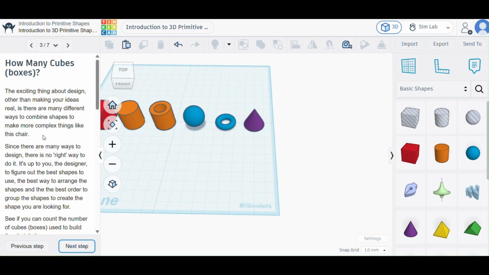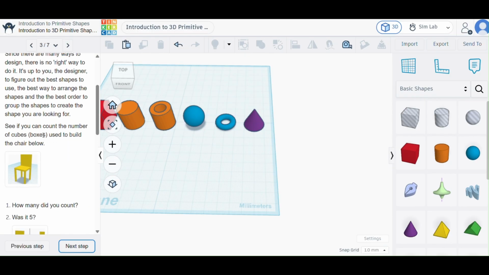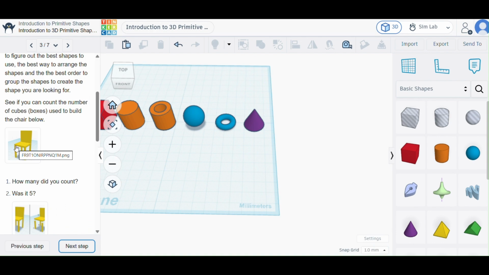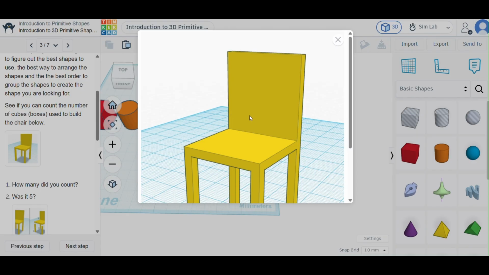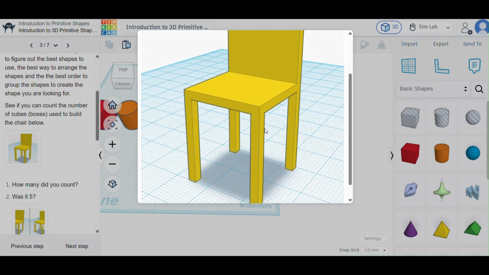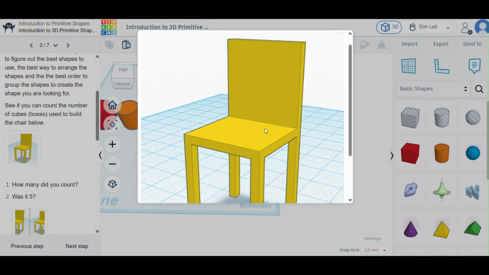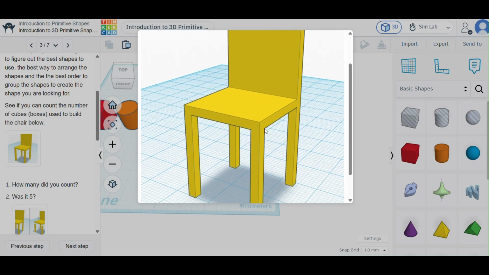Okay, next. The exciting thing about design, other than making your own ideas real, is that there are many different ways to combine shapes to make more complex things like this chair, which is right here, okay? How many boxes are in this chair? I want you to guess. Look at this. How many boxes are in this chair?